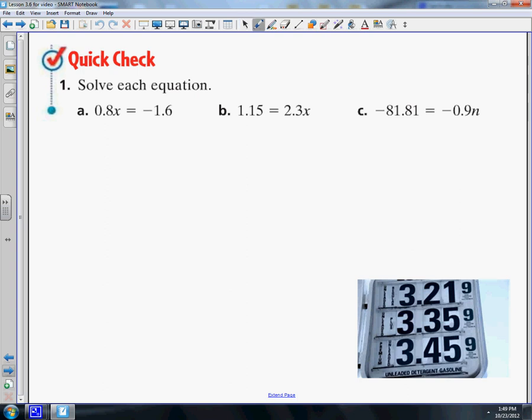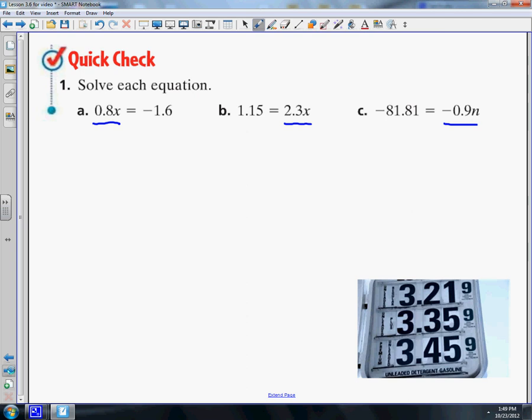It's just crazy how much money you can spend. But for each equation in this first set, you can notice that all three of these equations are multiplication. We have 0.8x, 2.3x, and negative 0.9n. Those are three examples of multiplication.